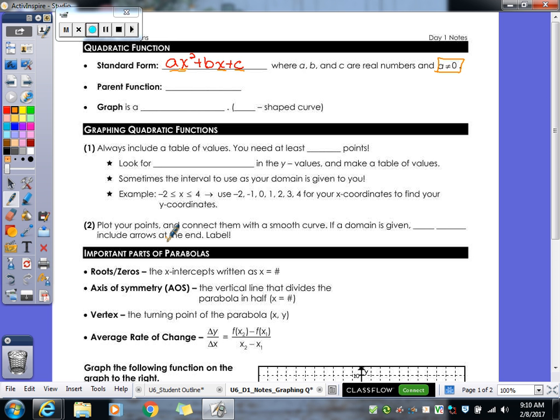So a new thing would be our parent function. For our quadratics, our parent function would be f of x equals x squared. This is a parent function because it is the most basic form of the function.